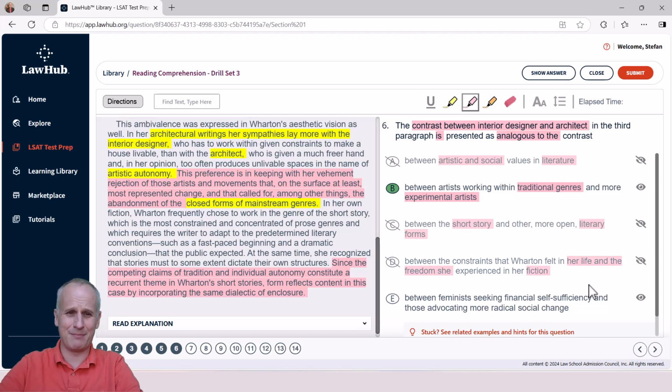So again, that just doesn't match what we expected and what the passage states. Lastly, choice E, between feminists seeking financial self-sufficiency and those advocating more radical social change. Well, we're not discussing a difference in feminists. So that's, again, not the contrast that's being used. And we see how choice B matches what we proactively read.